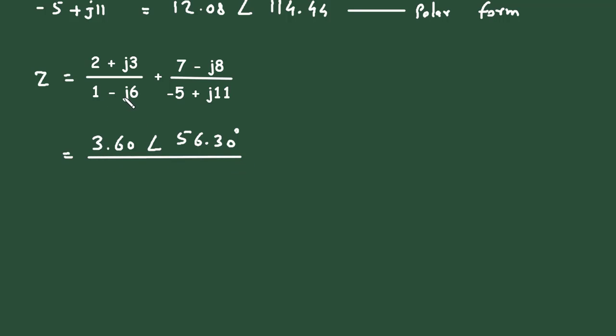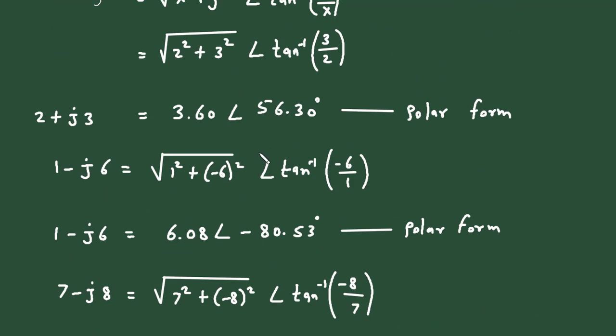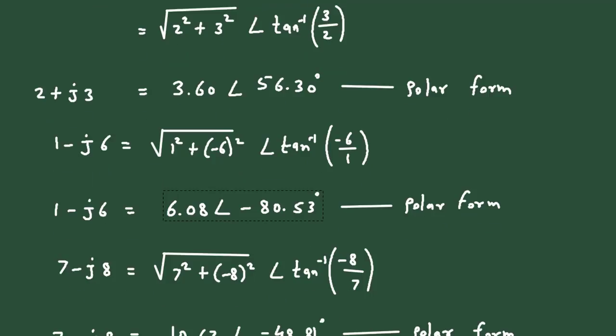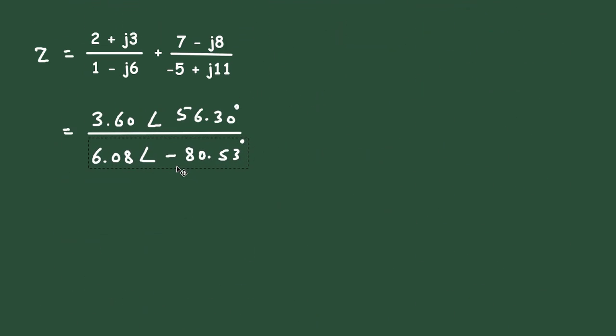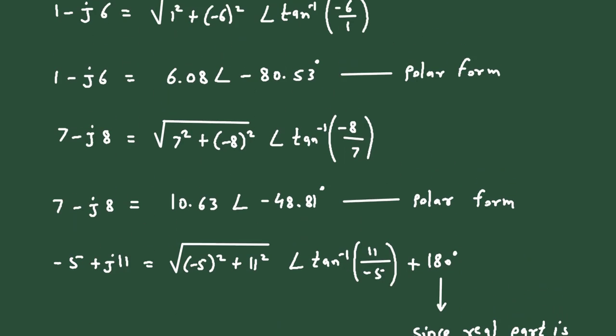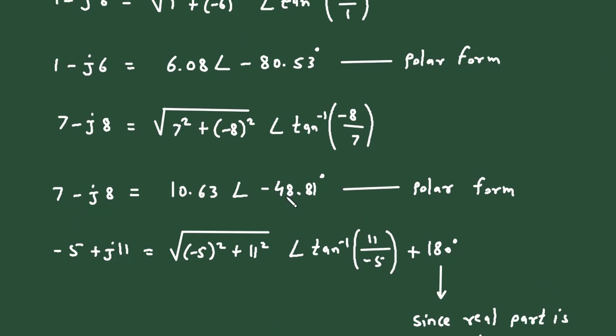Divided by 1 minus j6. So 1 minus j6 in polar form is this value. Then plus 7 minus j8. 7 minus j8 is this value.